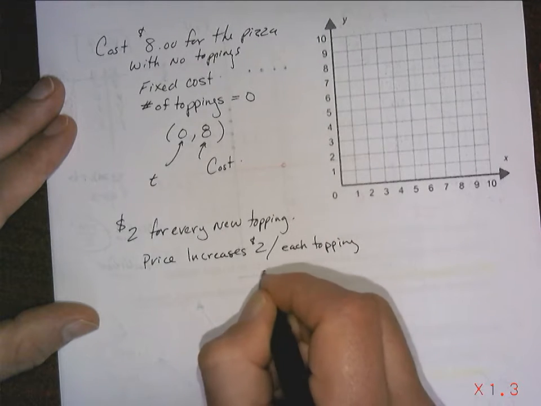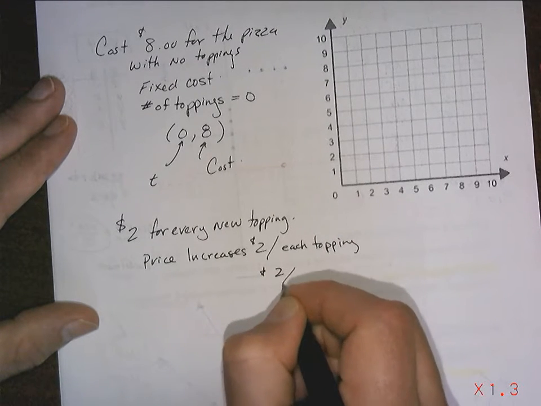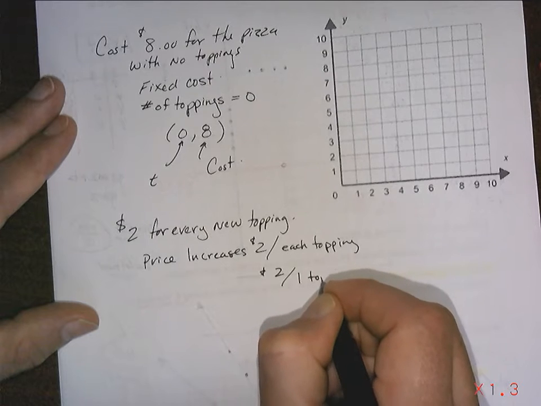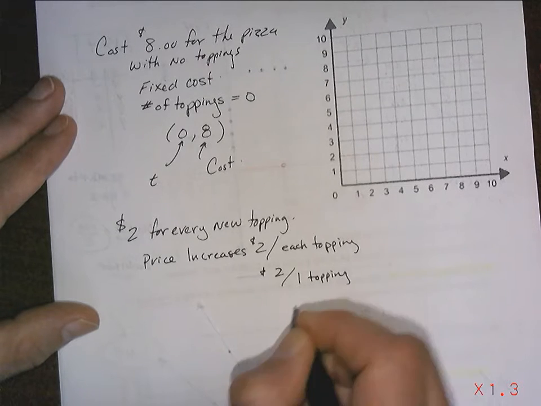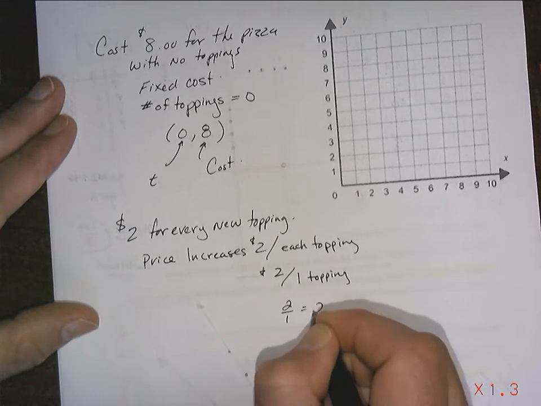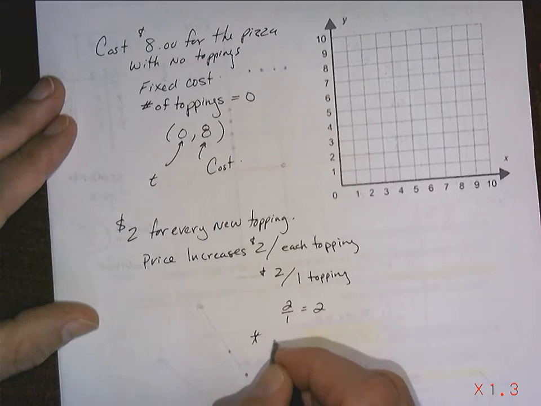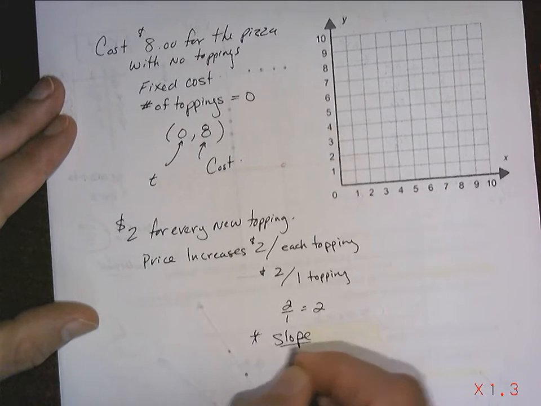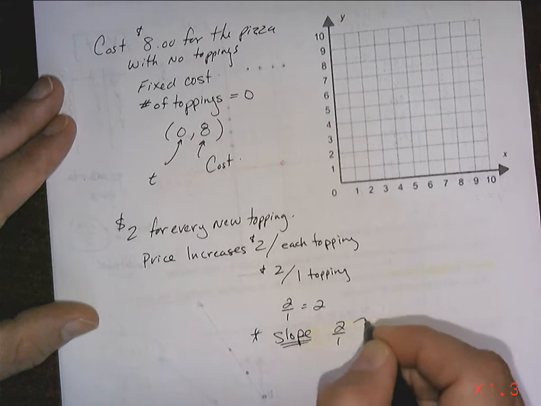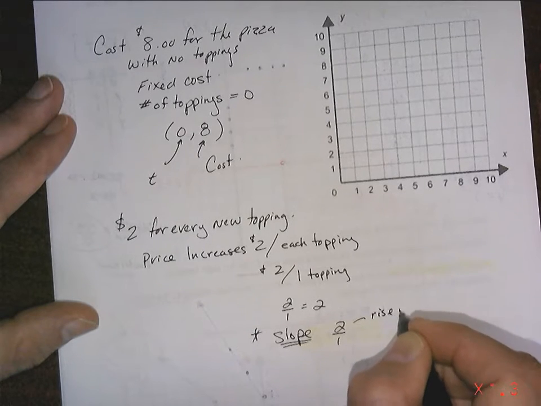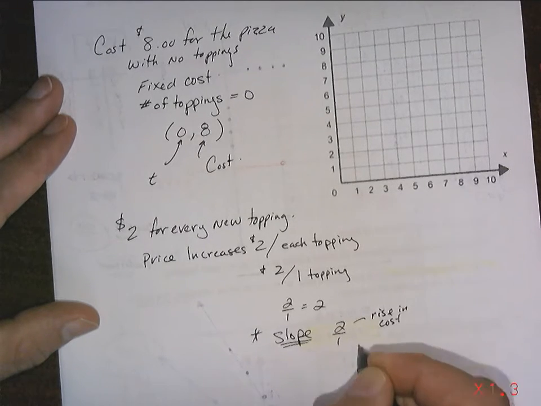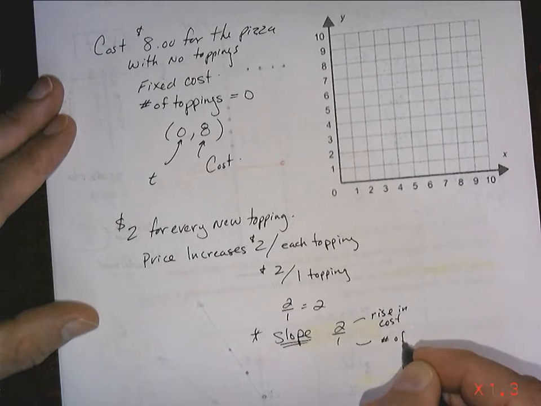What does that mean? That is $2 per one topping, which is simply 2 over 1, or 2. This is your slope. Rise over run. Rise in cost. Number of toppings.